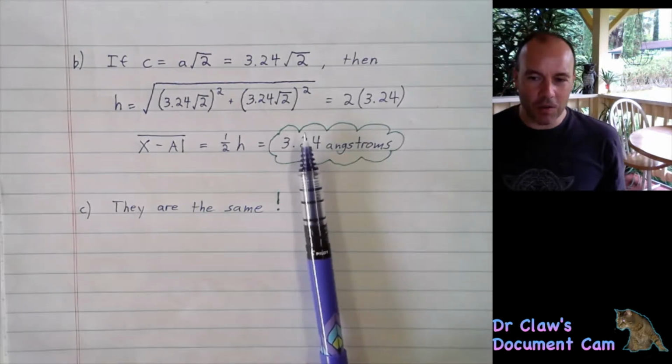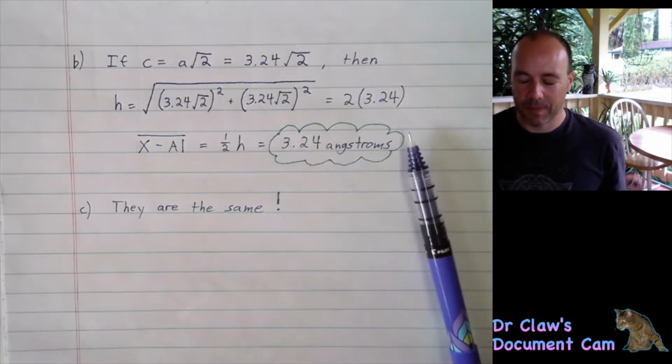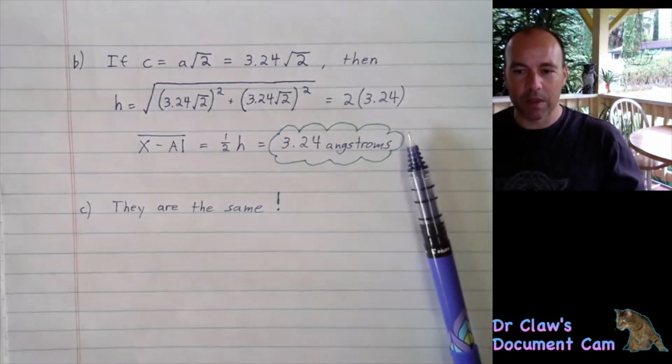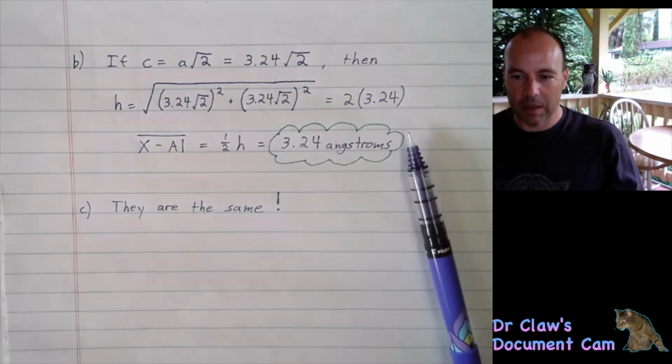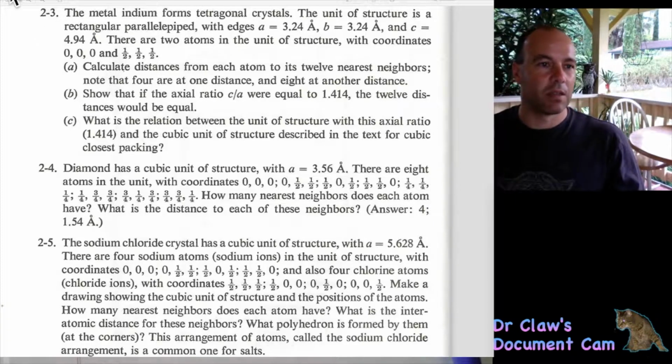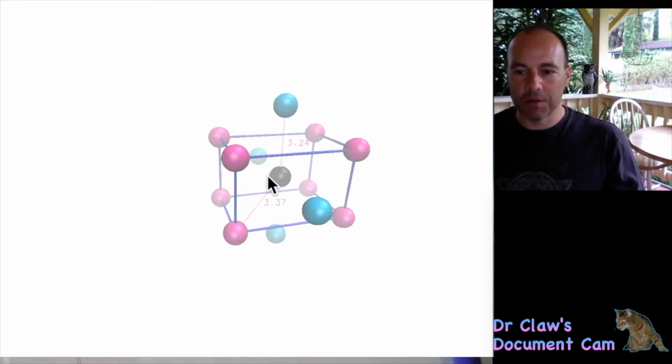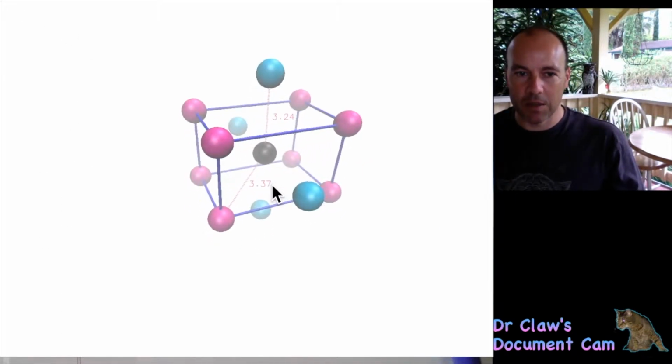Now I'd like to show you another thing with the simulation, how part A is a little bit different than part B. Okay, so let's show that to you. Here's part A. You can see the two distances are different.